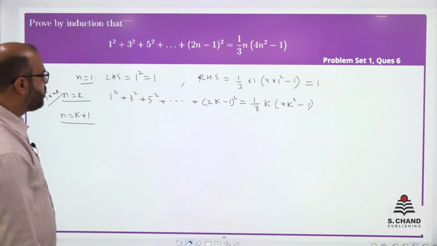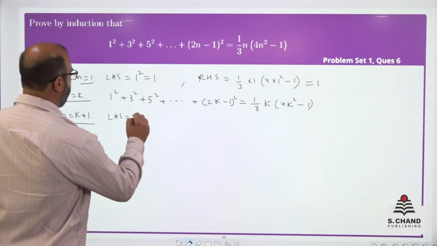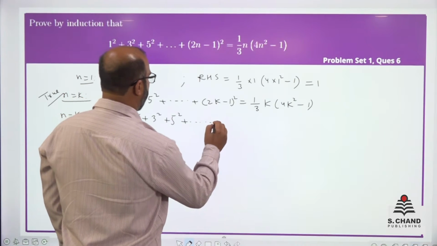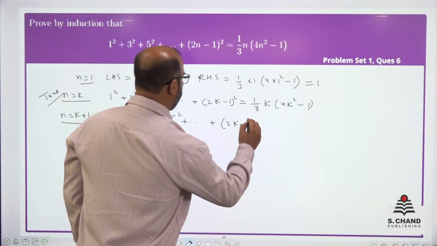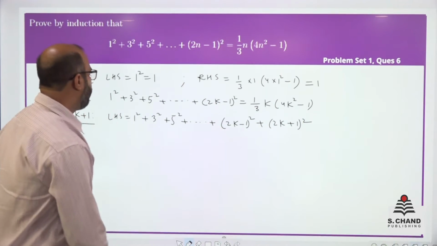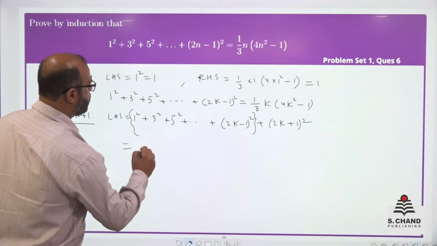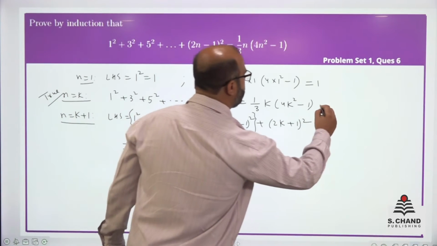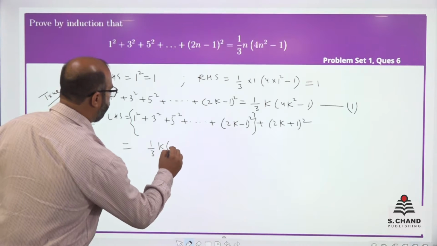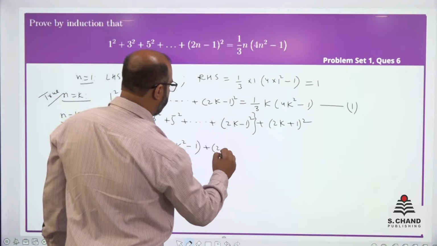When we prove it, we will say that the left hand side is equal to 1 square plus 3 square plus 5 square and so on till (2k minus 1) whole square plus (2k plus 1) whole square. Now from the first term to this kth term, we have already used the assumption. So by that we can say 1 by 3 k into (4k square minus 1) plus (2k plus 1) whole square is an extra term.